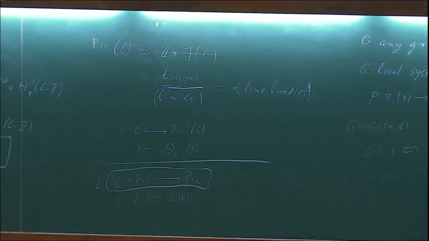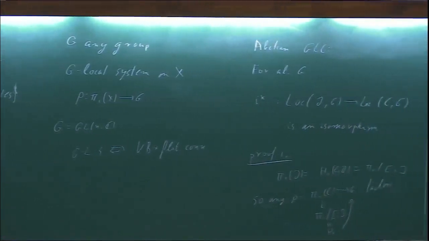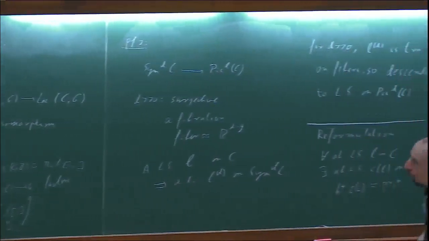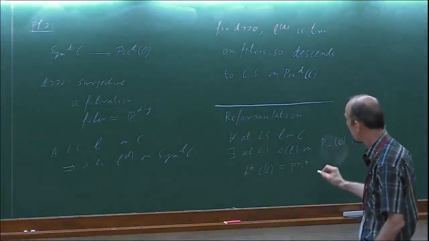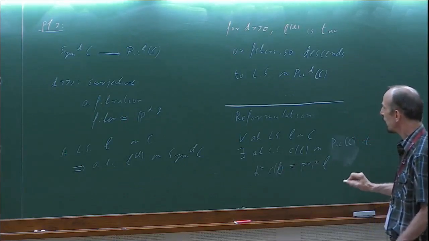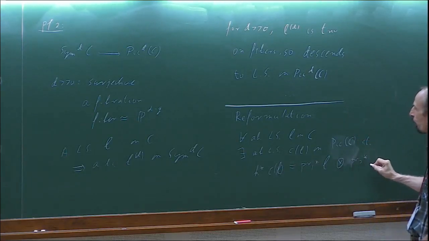And that something is going to be what's called the external tensor product of something on the left and something on the right. So in other words, it's projection 1 upper star of something on C. That something will be L, tensor with the projection 2 upper star of something on the Picard, and that will be C of L.